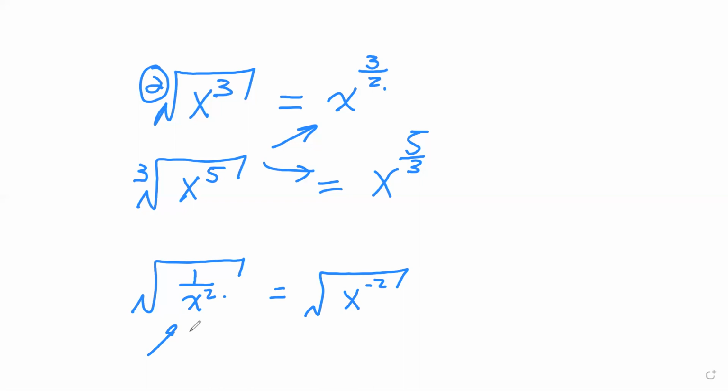And remember, there's an implied 2 here, right? I'm going to write it in red this time. So it would look like this, x to the minus 2 power divided by 2. And here we could do a little bit of arithmetic, right? 2 goes into 2 one time. And so you could write this x to the minus 1 power. And you'll see that when you're in calculus and you want to take derivatives, you'll want to leave it in this form.